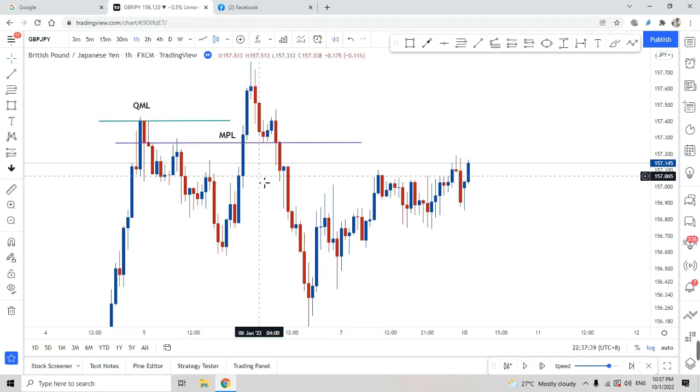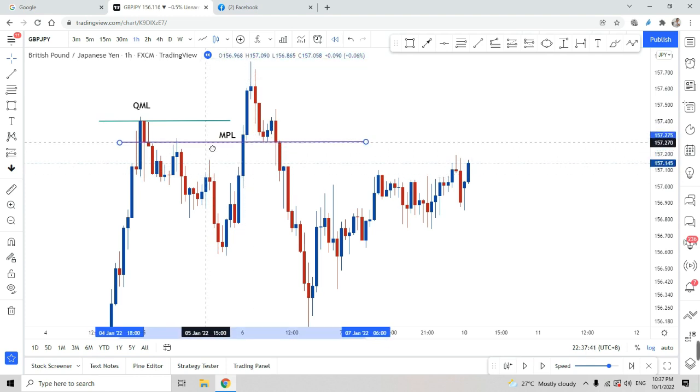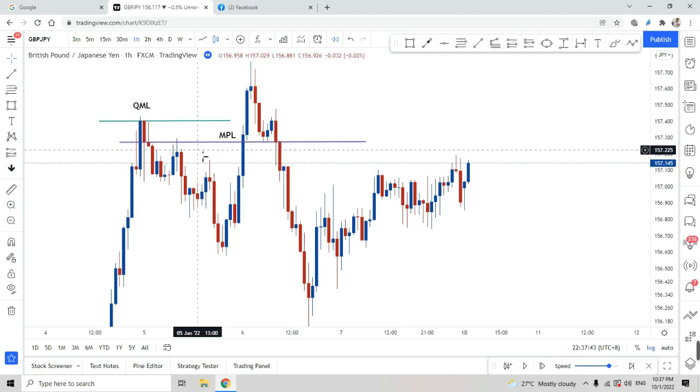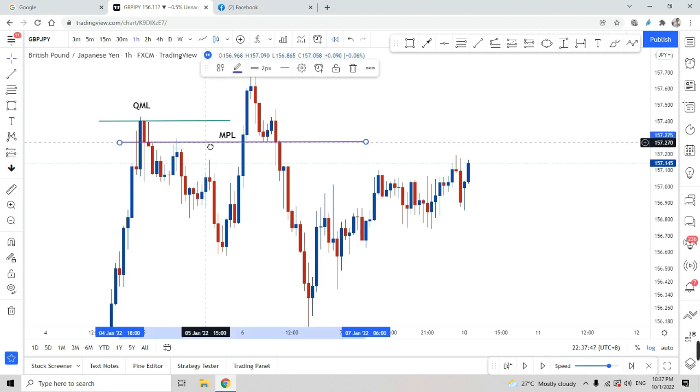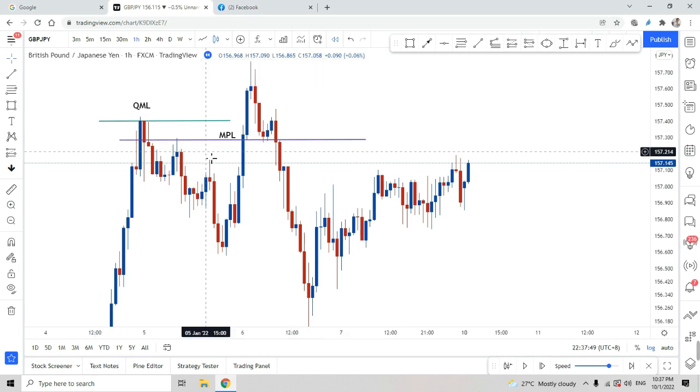We look for a place where there are multiple rejections, and if possible, not only rejection, there is a lot of uncertainties. So what are the uncertainties here? Uncertainties are like rally base rally, drop base drop, rally base drop, or drop base rally.